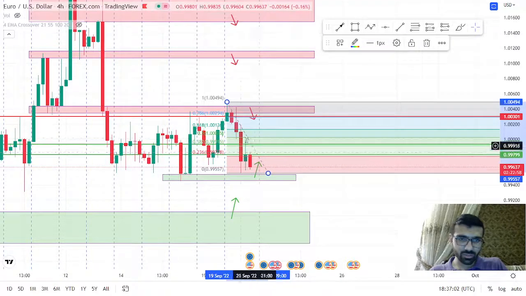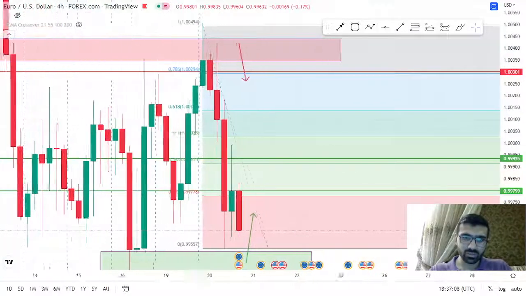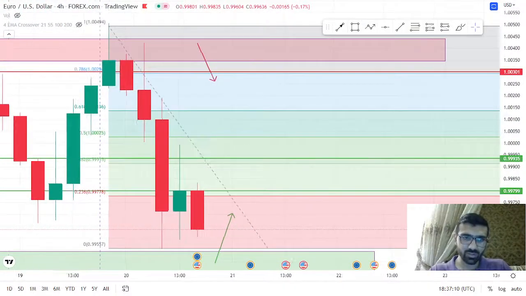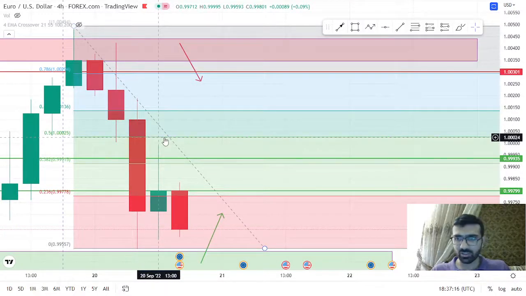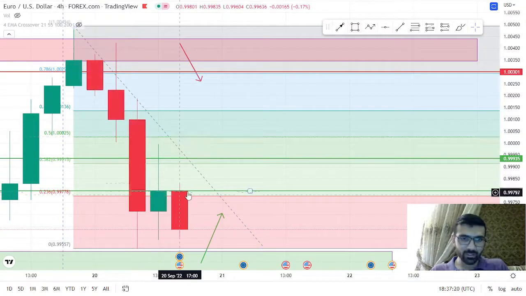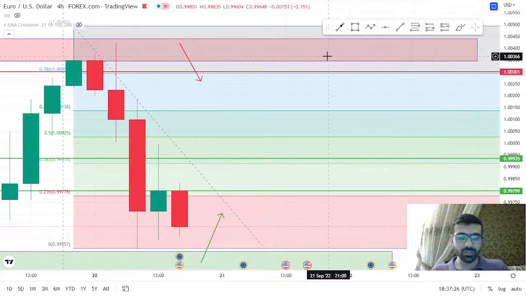Yes, so the 50% mark is over here. Let me just stretch it a little so you guys can have a better look. Okay, so the Fibonacci's 50% level is over here at almost 1.002, so I'm expecting the market to test at least this area and then to fall further.